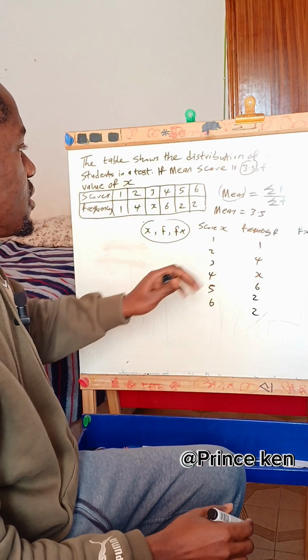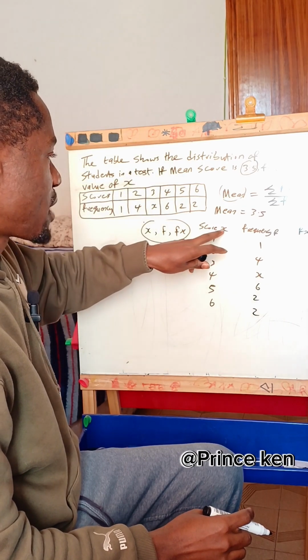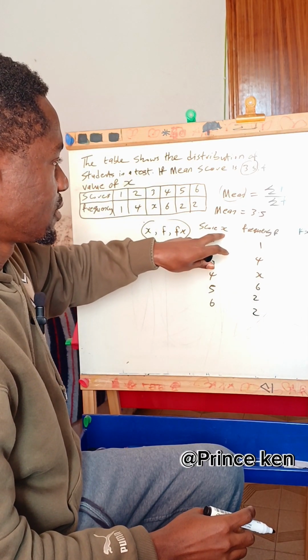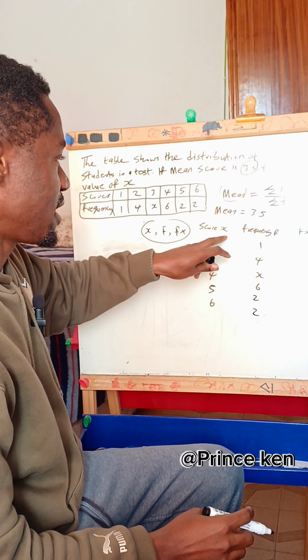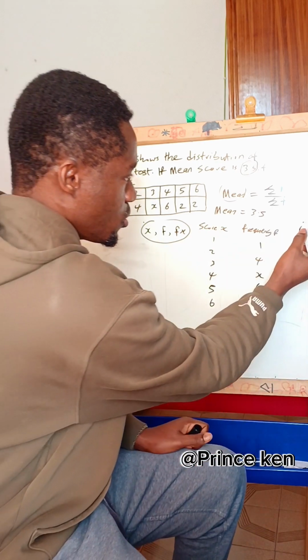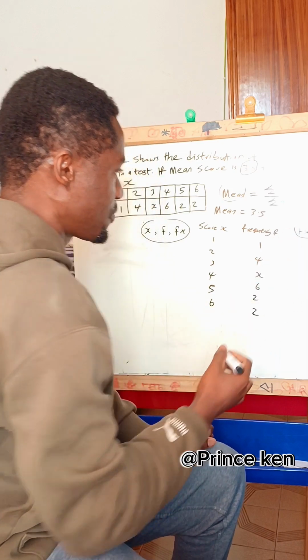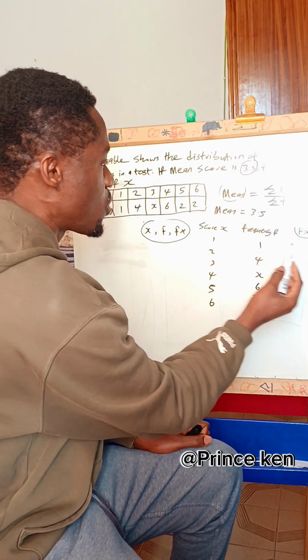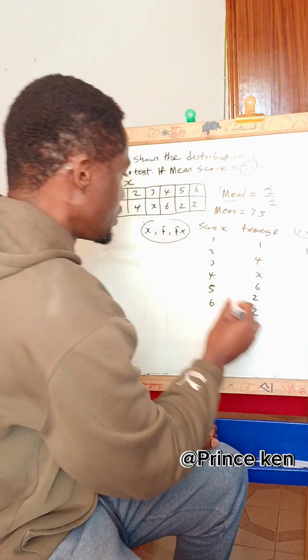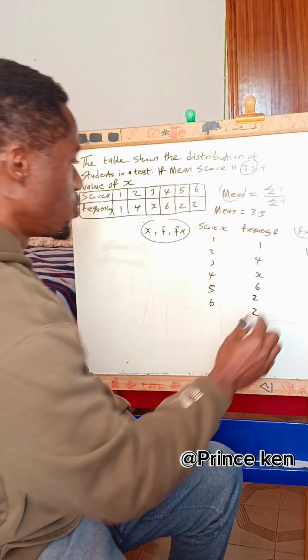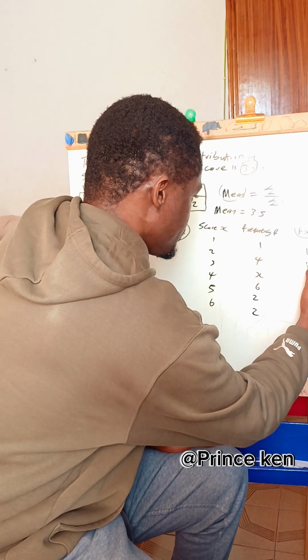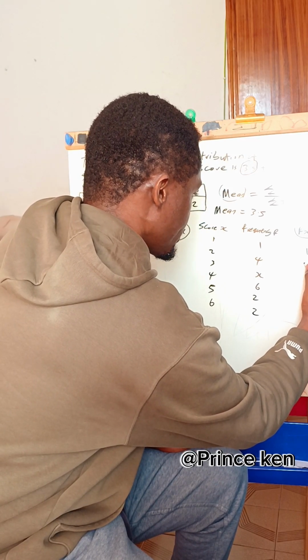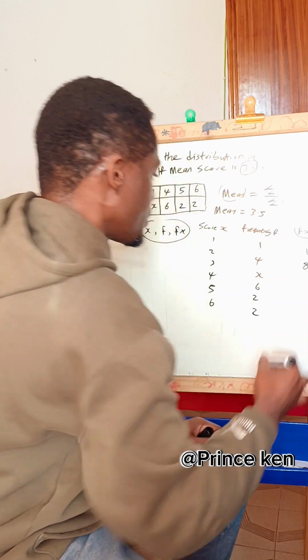Now, Fx is when you multiply x by this F, which is x times F, is what you get here, Fx. So it will say 1 times 1 will give you 1. 2 times 4 will give you 8, right?